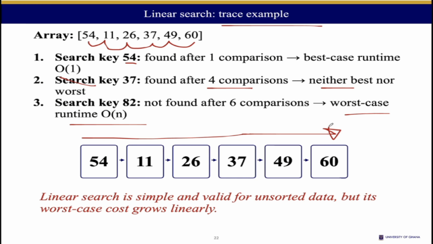Whether you use inspection or any algorithm, you have searched. The brain looked at it and saw that it's not there. The searching process took place, and you have scanned all the elements of the list before you can conclude that 82 is not there. You have searched all of them.